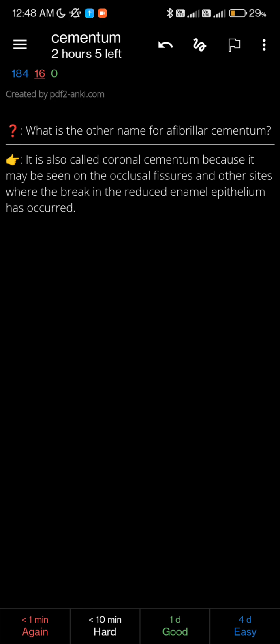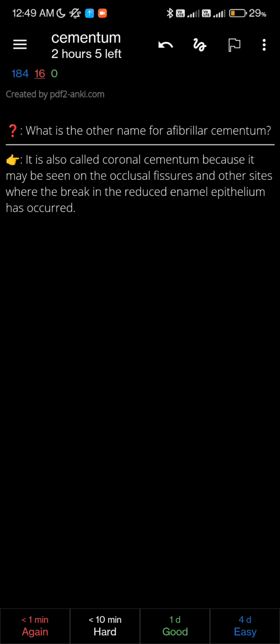So what is the other name for afibrillar cementum? Coronal cementum, because it may be seen on the occlusal fissures and in other sites where there is a break in the reduced enamel epithelium.